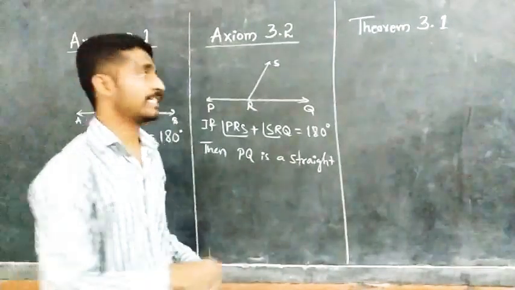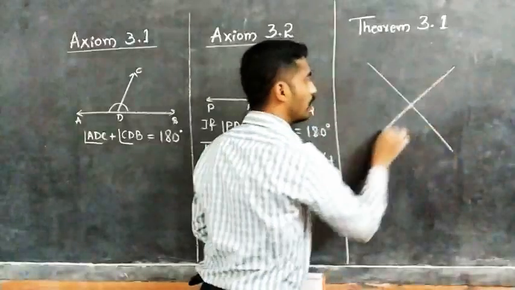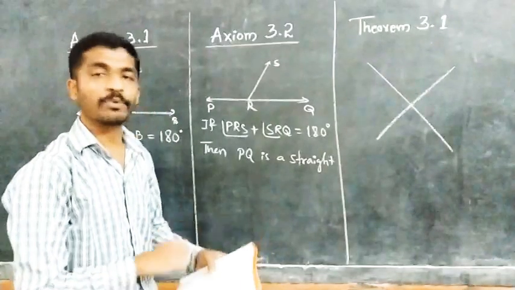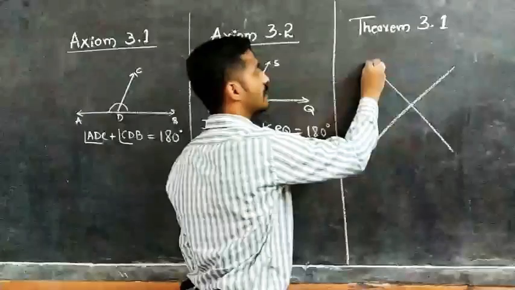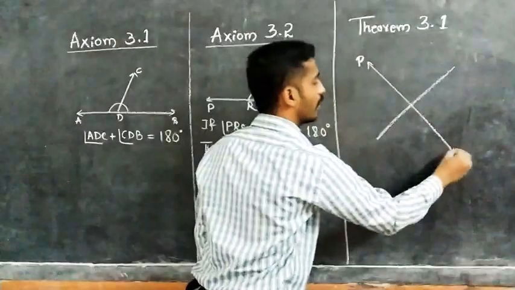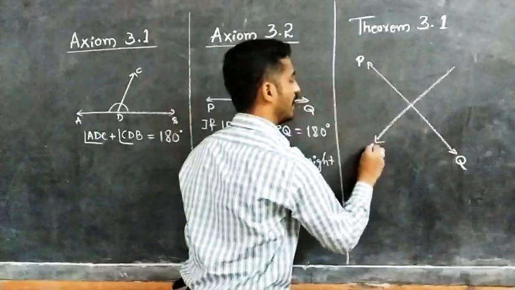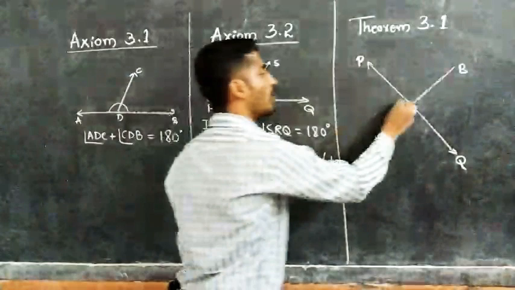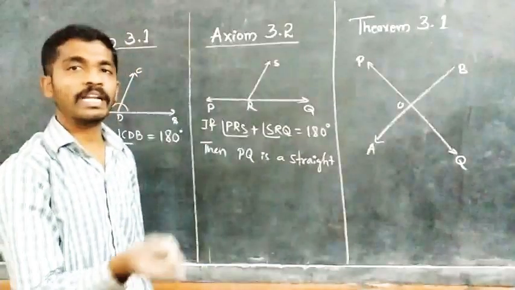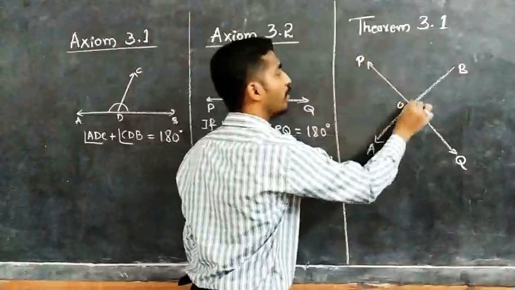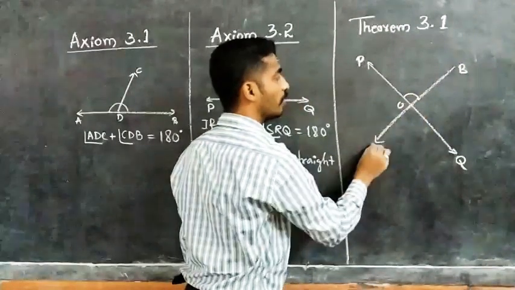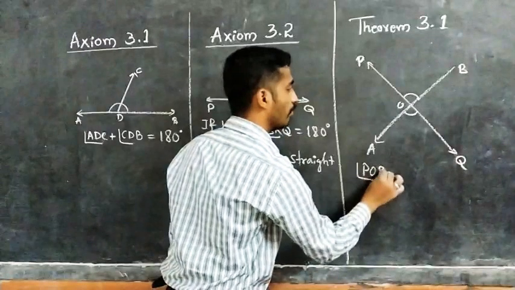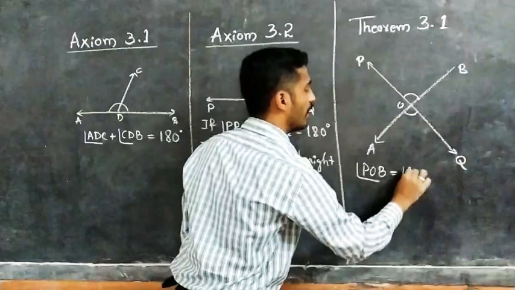Next, theorem number 3.1. Whenever two lines are intersecting, then the vertically opposite angles are equal. Let's take PQ and AB intersecting at O. Then the vertically opposite angles are POB equal to AOQ.